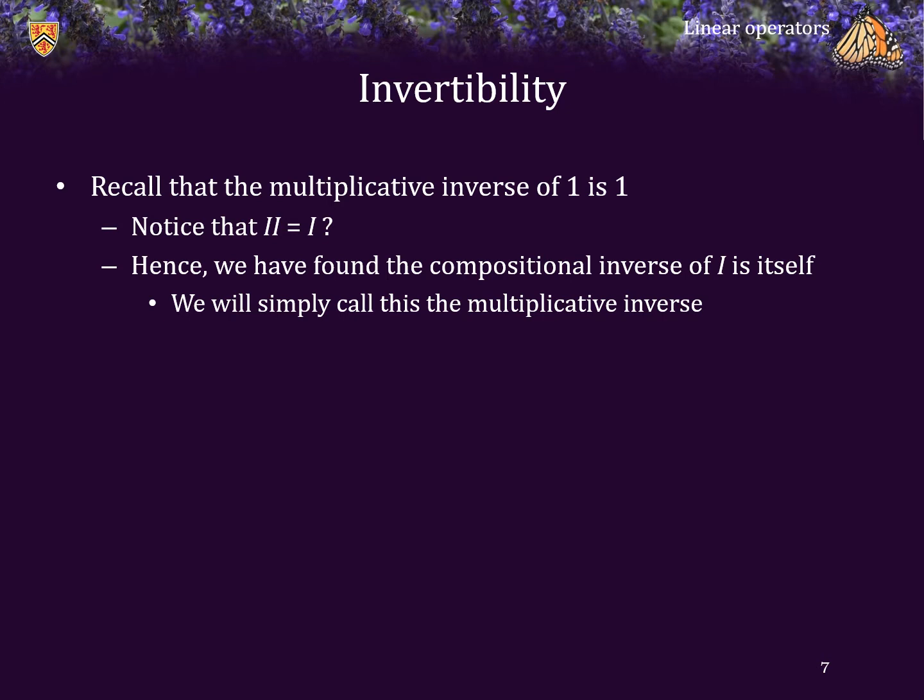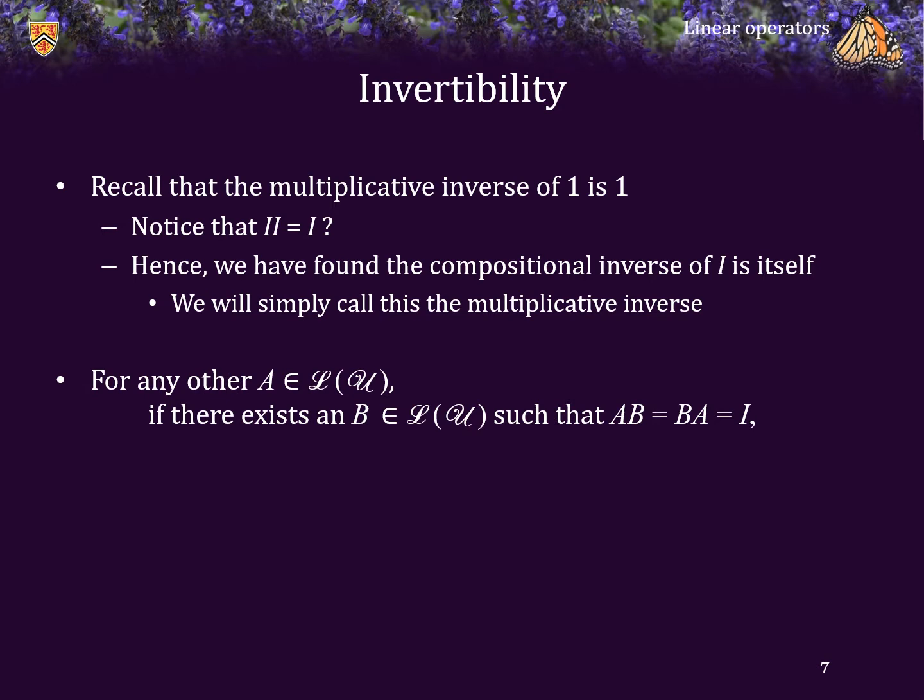Now, rather than calling it the compositional inverse, we're just going to call it the multiplicative inverse. And we're going to be more and more calling composition of linear maps and linear operators as multiplication of linear maps and linear operators.